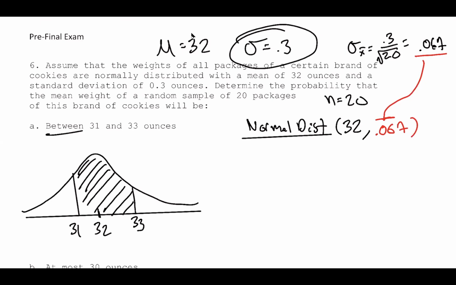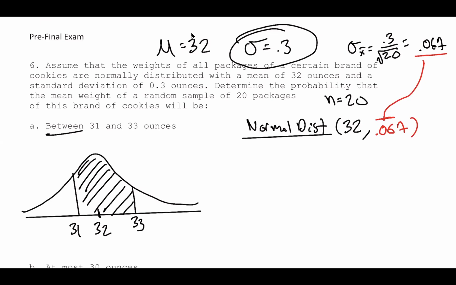Anytime you're doing it for a sample size greater than 1, you always have to adjust your standard deviation. So since the standard deviation of x bar is equal to 0.3 divided by square root of 20, you have to put 0.067. All right. Any question in regard to that?